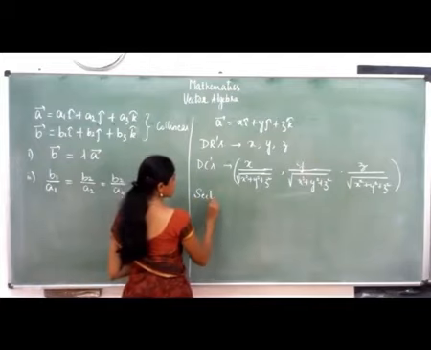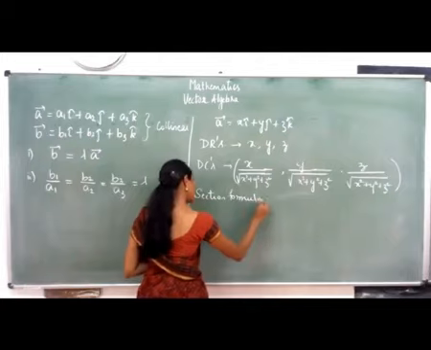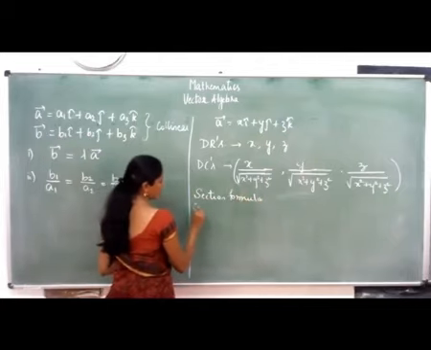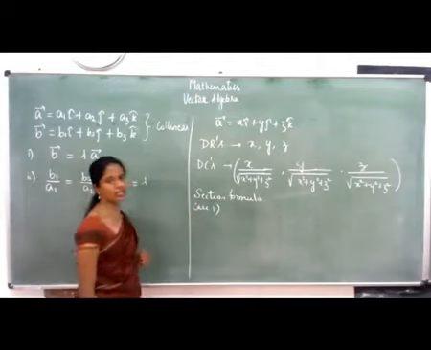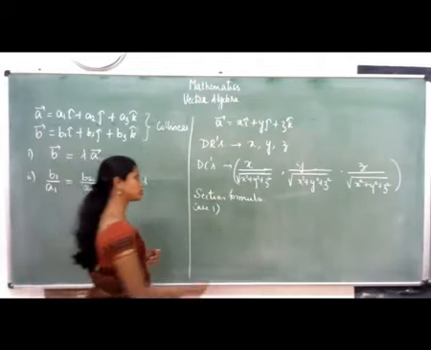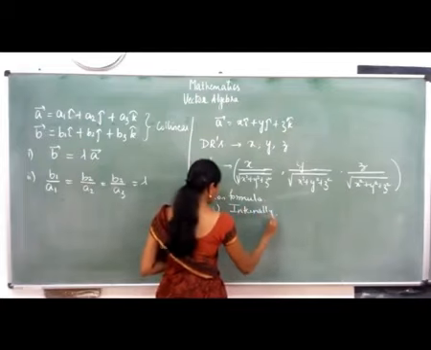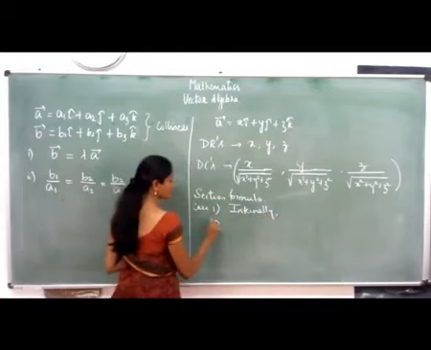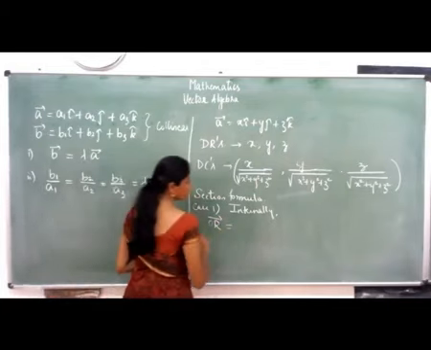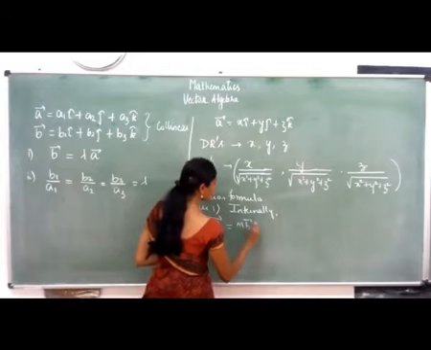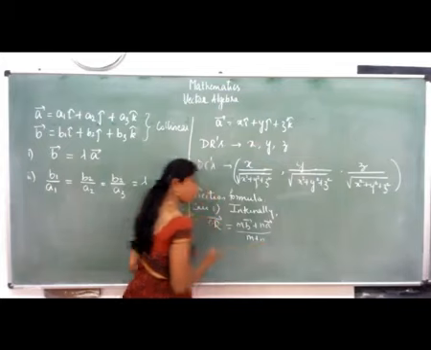Next we studied the section formula. Here we studied two cases. In case 1, the point R divides the line segment PQ in the ratio m:n internally. Under this condition, the position vector of the point R, which is given by OR, will be equal to m into vector B plus n into vector A divided by m plus n.